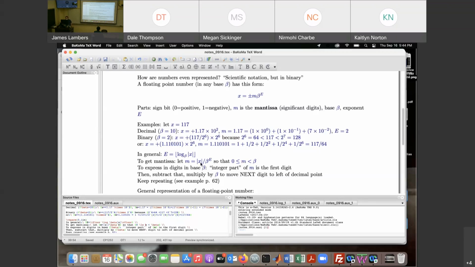That's why we needed to do this division. Now, how do you get the next digit? You subtract off the digit you have, then take what's left and multiply by the base, and now take the next digit and move it to the left of a point. So you can figure out what that digit is. You keep repeating this process, and that will give you more digits in that base. Now I'm going to show you an example. It's actually from a book, but I'll walk you through it.